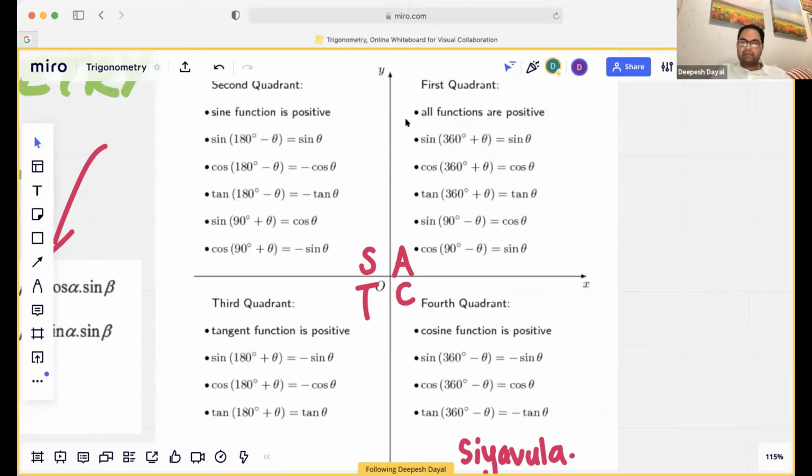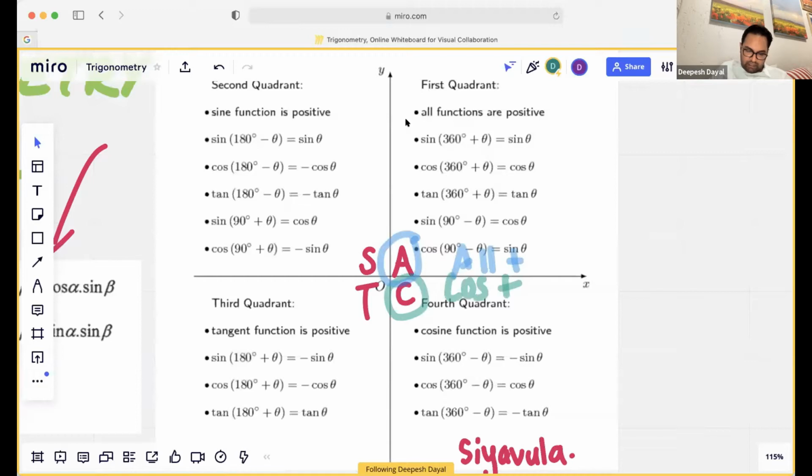What does this diagram tell us? It tells us that in this quadrant, cos is positive. In this quadrant here, all are positive.